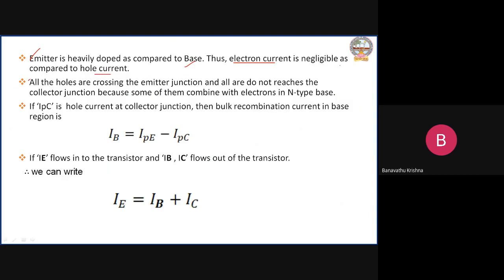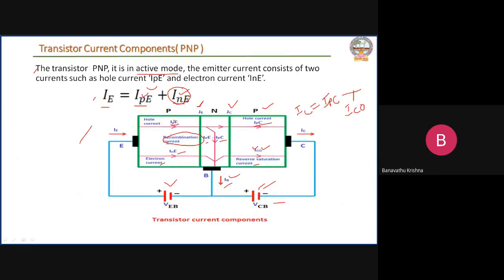Next, all the holes are crossing the emitter junction, but not all reach the collector junction. As I told you, a huge number of charge carriers move here, but some recombine in this base region and the remaining enter the collector region.